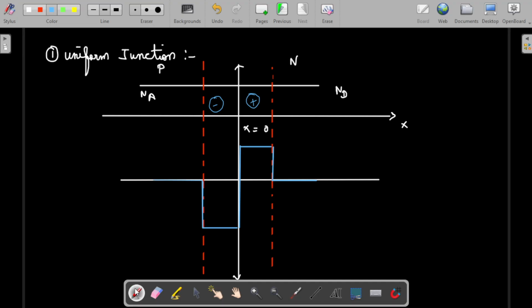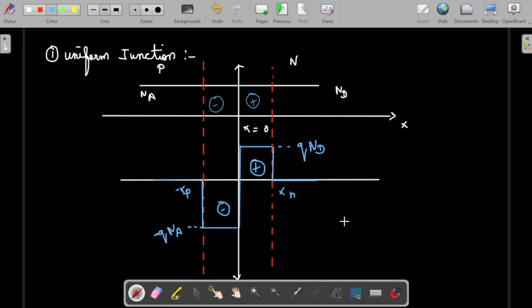This one we represent as the acceptor atoms and here the donor atoms. This is minus xp and this is xn. This height we represent as q Nd, and this height we represent as minus q Na.